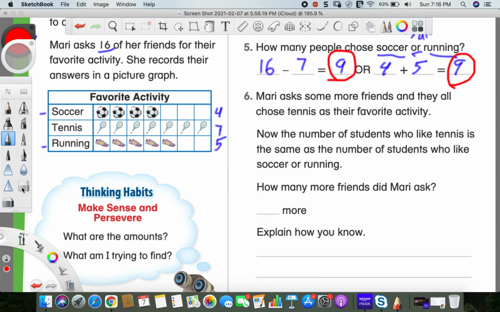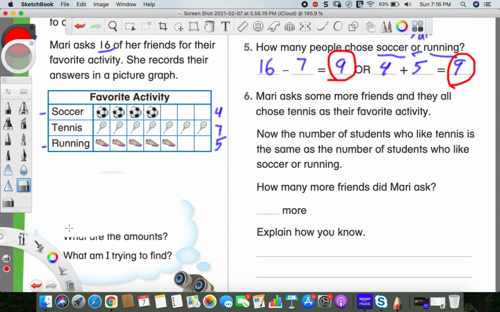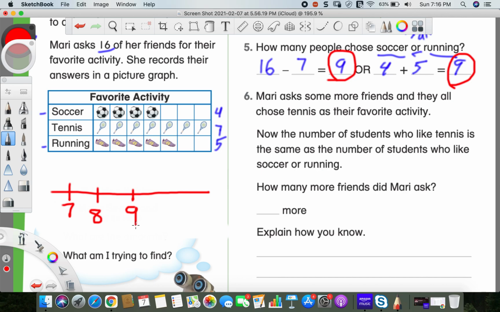While you guys are working on that, I'm just going to clear myself some space. All right, as soon as I finish this little quick number line, we're going to get started.